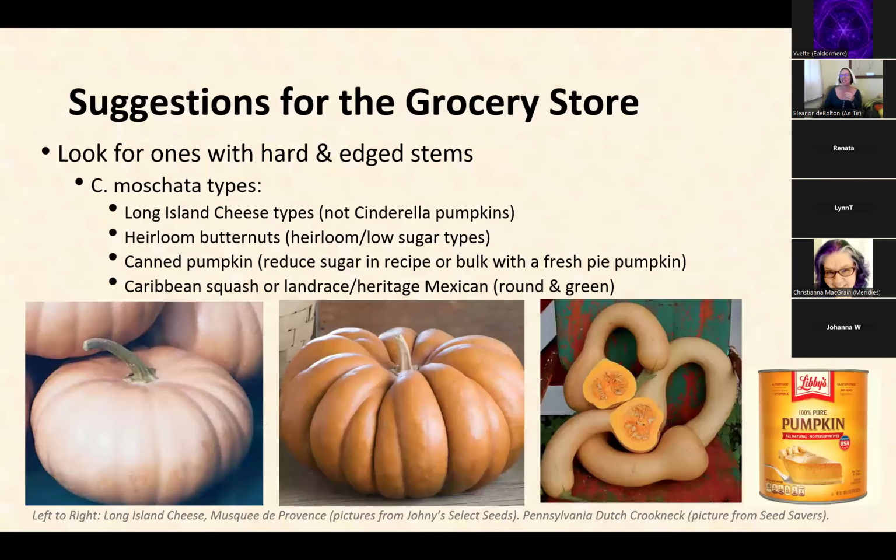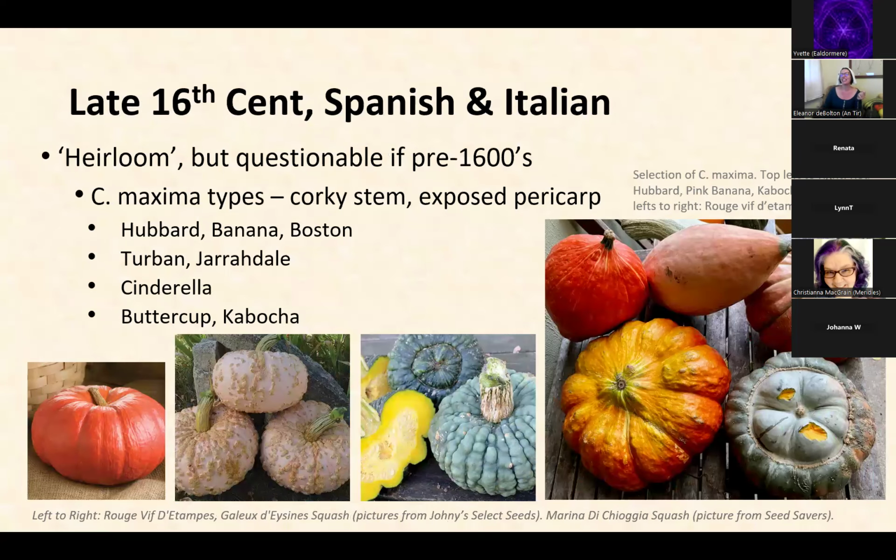It's close enough. Maybe think about reducing the amount of sugar in your recipe, but it's pretty much there. The texture is going to be very similar in the taste. And then if you are feeling daring and you want to ride the gray zone of when exactly the Cucurbita maxima comes in, there's this whole massive array of heirloom pumpkins out there that you can play around with that have different types of taste and flavors.